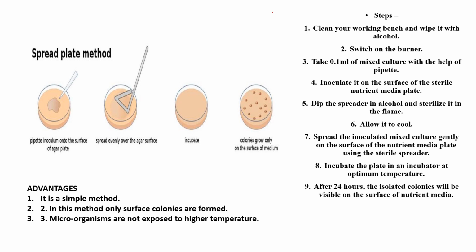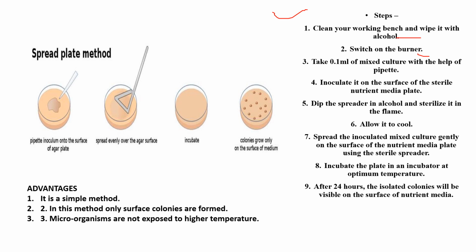This is the process of the spread plate technique. First, we will clean the working bench with 70% alcohol. Later, we switch on the burner. Then, take 0.1 ml of mixed culture with the help of pipette and inoculate it on the surface of the sterile nutrient media plate.